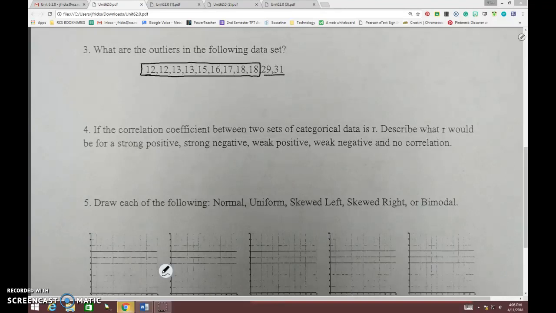But these last two numbers, 29 and 31, are really, really far away from those other numbers. So in this case, I'm going to say that 29 and 31 are my correct answers. And like I said, you can use a formula to find that, but as long as you can look at it, you should be able to identify it on the test tomorrow pretty quickly. So that's number 3. Let's go ahead and move to number 4.